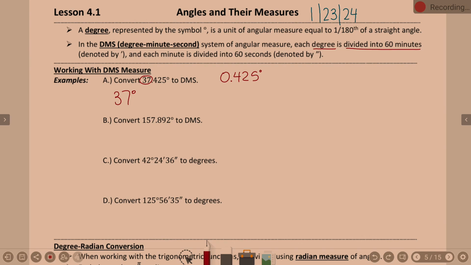If you think about this as 0.425 degrees over 1, think about multiplying as a fraction. 1 degree is 60 minutes. Do you know where I'm going? We can either multiply by 1 degree over 60 minutes or 60 minutes over 1 degree.